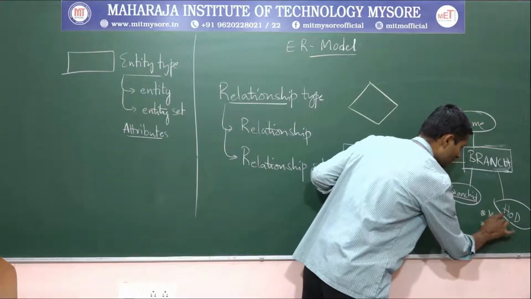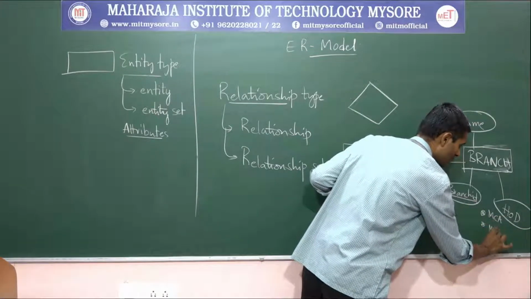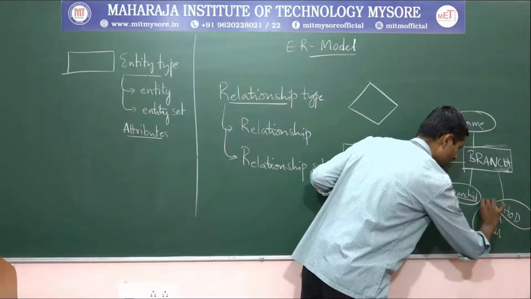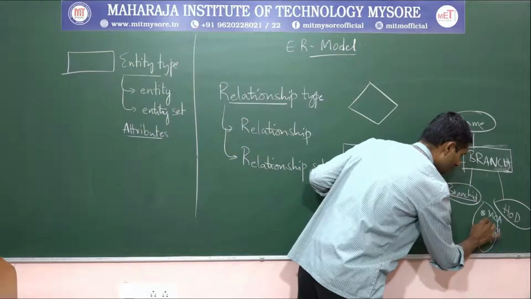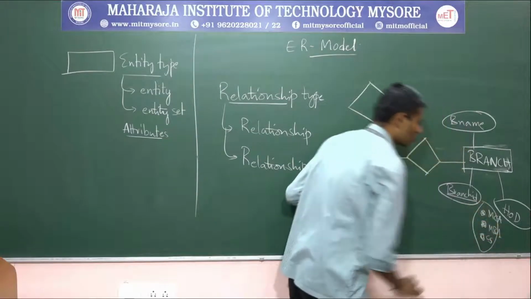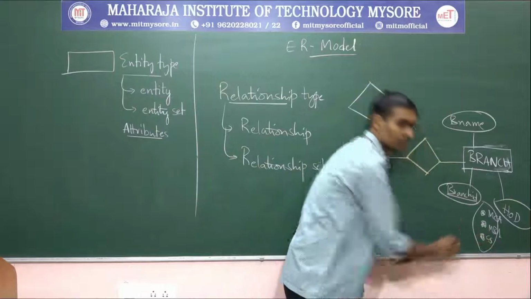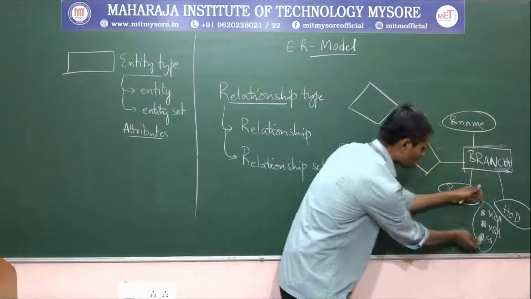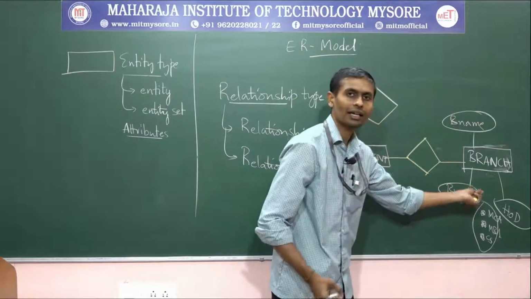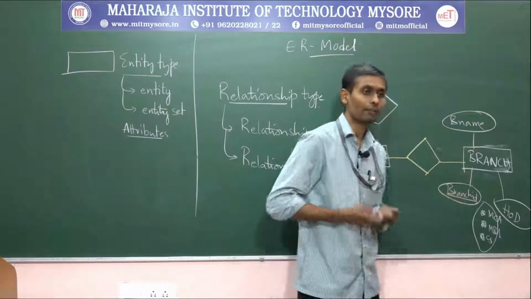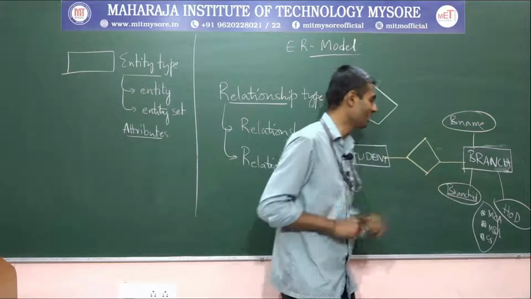Let's assume this is an instance related to MCA and this is an instance related to MBA. Then this represents a CS branch. So many instances I am writing here. These are a few instances, and the collection of these entity instances represents an entity set, or we can say a branch set.